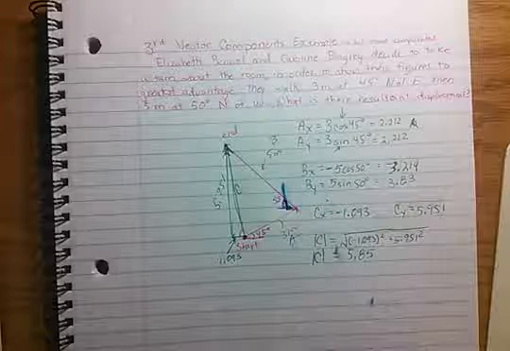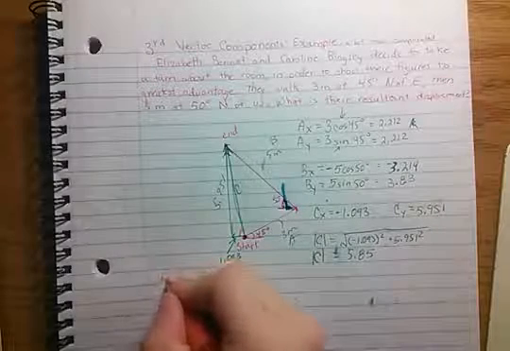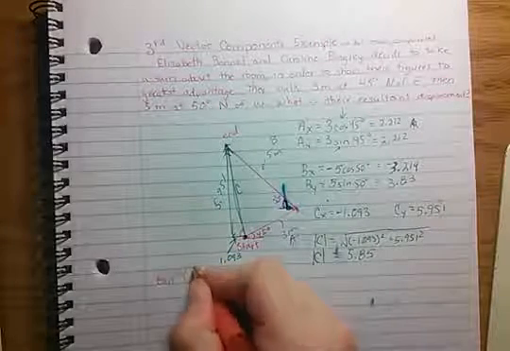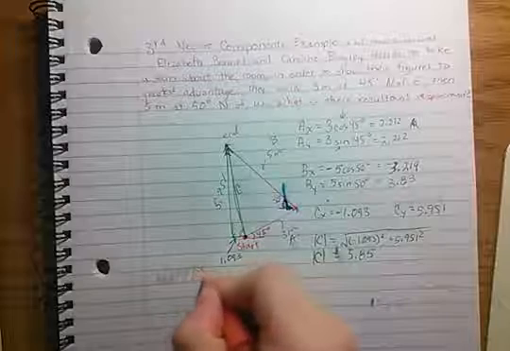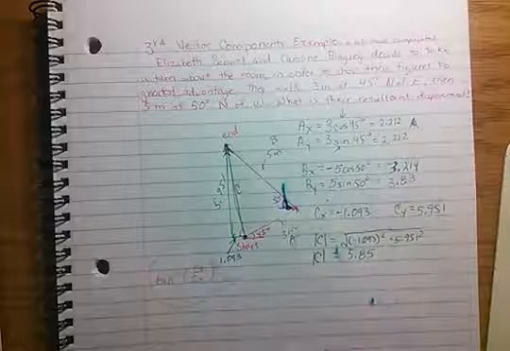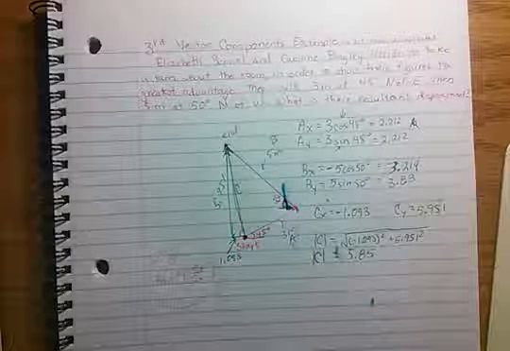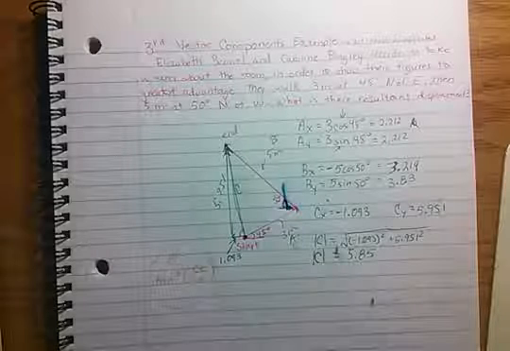All right, so to do that, we need to take the inverse tangent of the y component divided by the x component. This is just going to be your general formula for finding the angle. So you may want to copy that down.